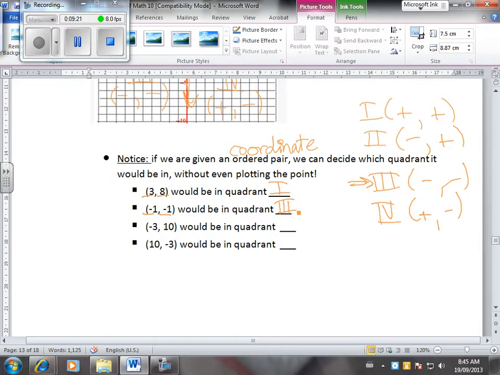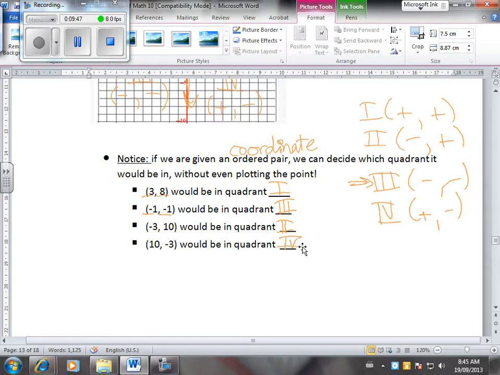My x is negative, which means I'll be moving left on the graph, but my y is positive, so I'm moving up, and that gives me quadrant 2. And then the last one, 10, negative 3. My x is positive, so I'm going to be moving right. My y is negative, which means I'm moving down, so I have quadrant 4.